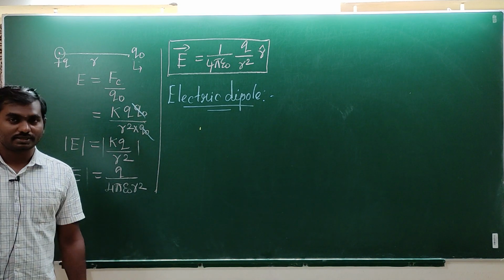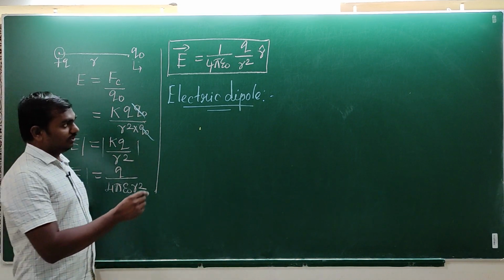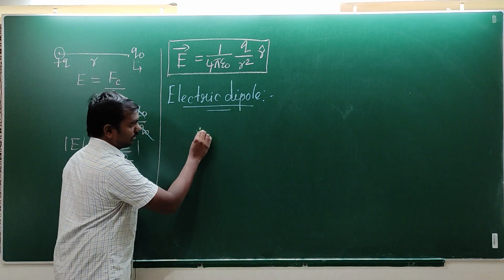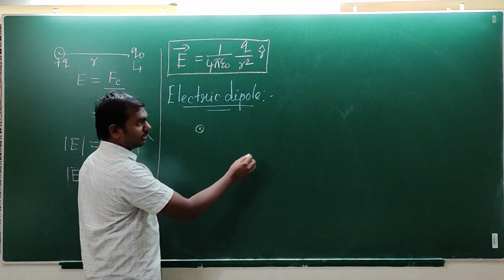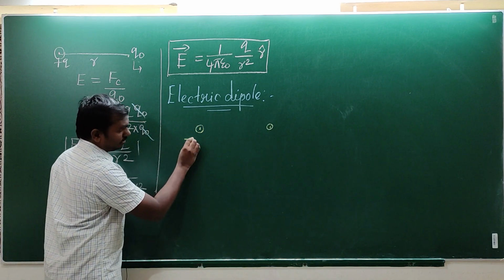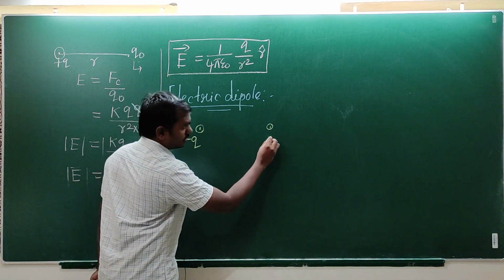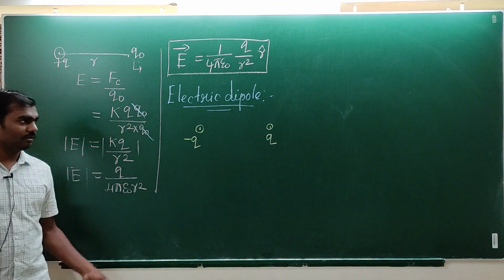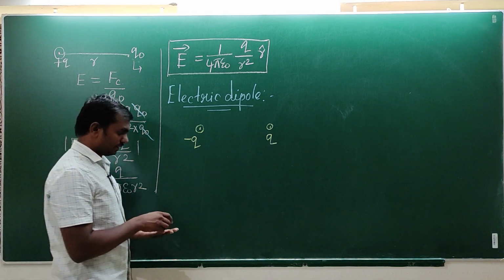Let me repeat: a pair of equal and opposite charges, two equal and opposite charges, plus q and minus q. See, this is minus q and this is plus q. Magnitude-wise both charges are equal but they are of opposite sense.